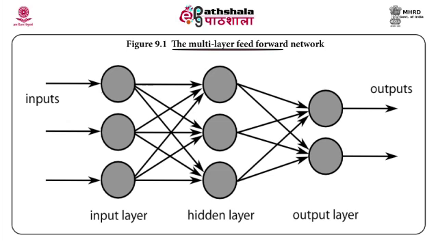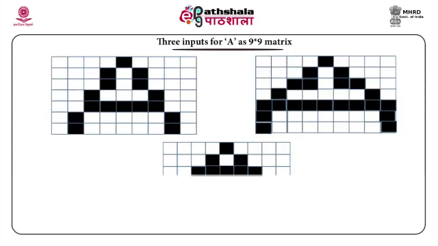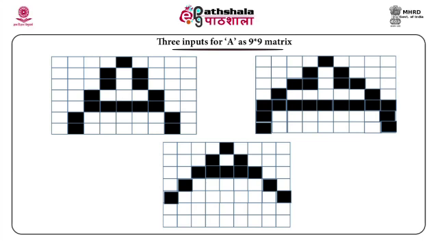Every input unit is connected to every middle unit, and every middle unit or hidden layer unit is connected to every output unit. Now, how does it learn? There are 3 examples shown on the screen. It's a 9 into 9 matrix, a very simple case, and I want to recognize A. That is a very typical problem.